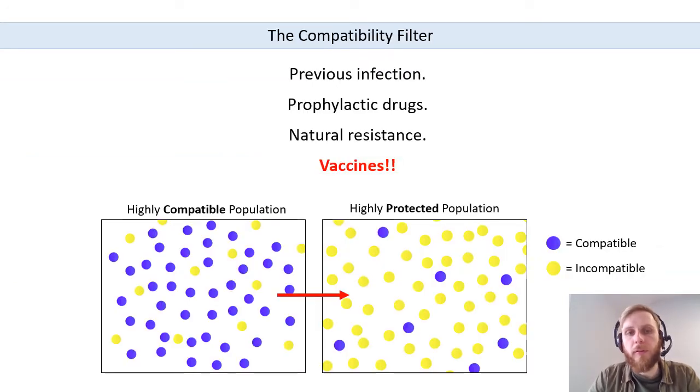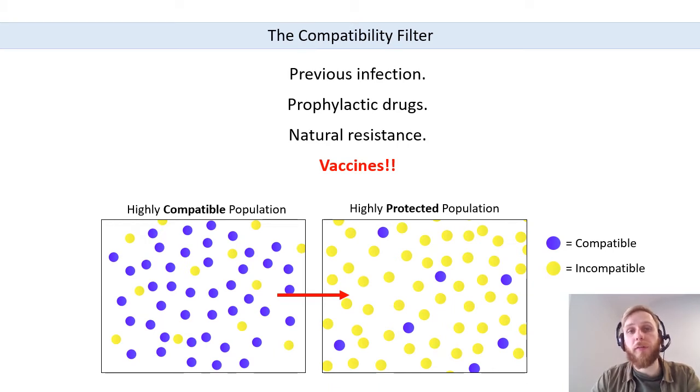So these are the ways we can exert control over the compatibility filter. And again, these are ways that we can make individuals incompatible with the virus, and the same applies for bacteria or fungi. Again, the principles are the same, but here we're thinking about viruses. Previous infection. So this is one way that individuals can gain an incompatibility with a particular virus.